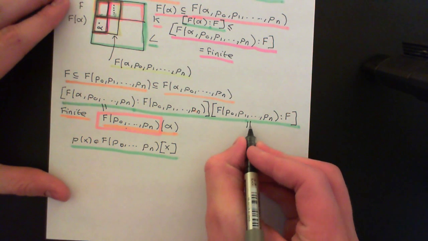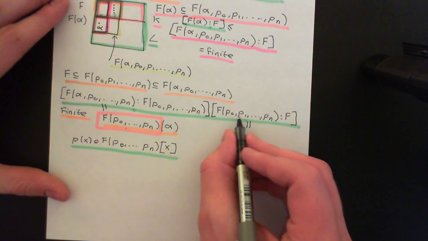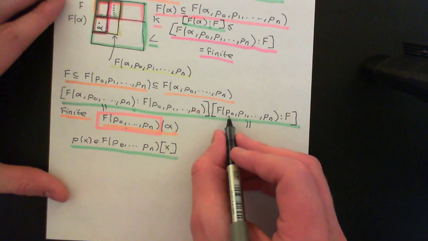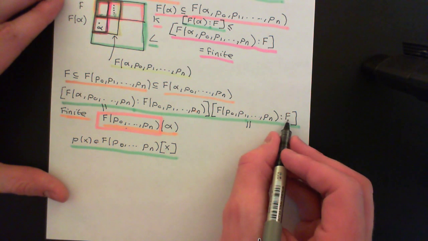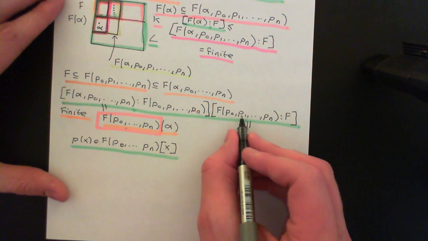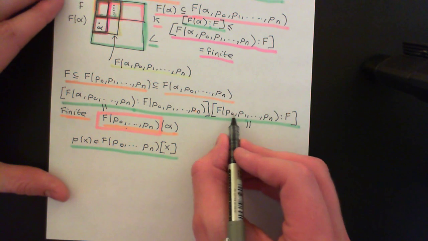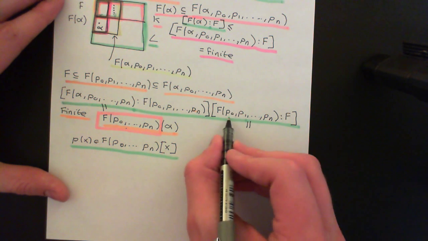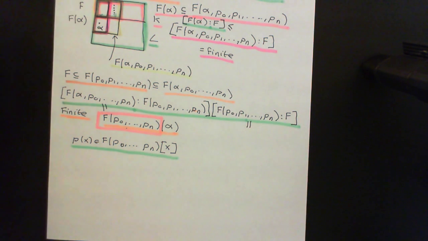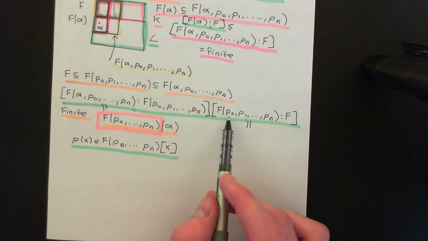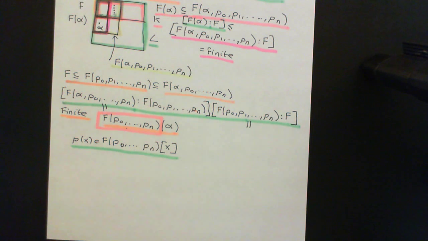Okay, and again, the way that you'll build this thing is you'll consider all of the polynomials in n variables over F evaluated at p0, p1, or you actually need n plus 1 because you've got n plus 1 things here. You'll consider the ring of polynomials in the n plus 1 variables, x1, x2, all the way up to x(n+1), being evaluated at p0, p1, all the way up to pn.